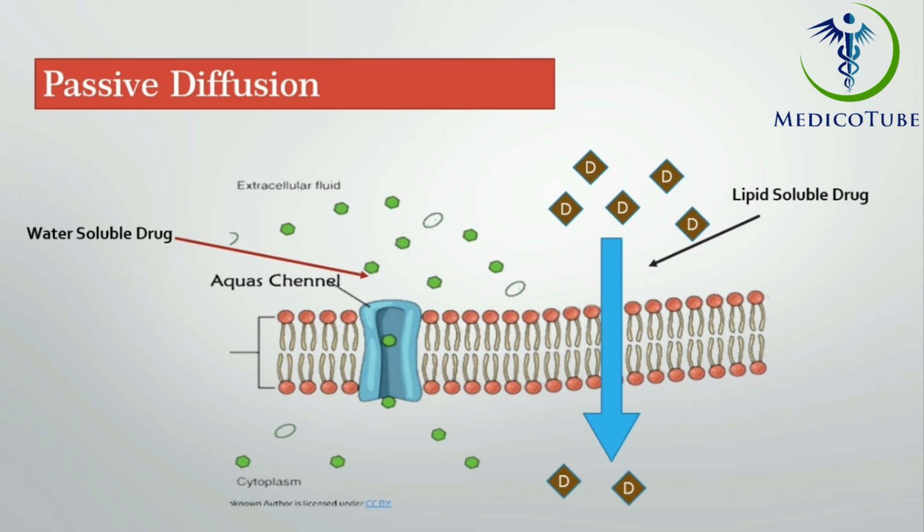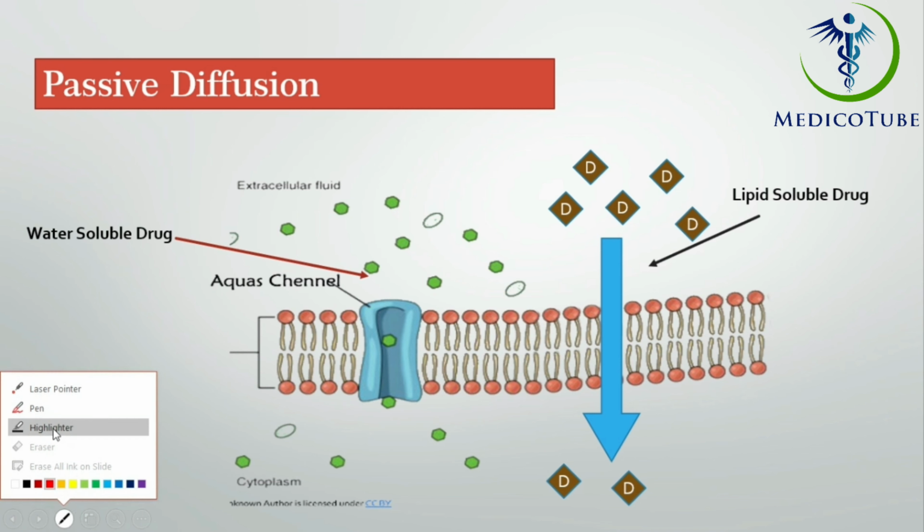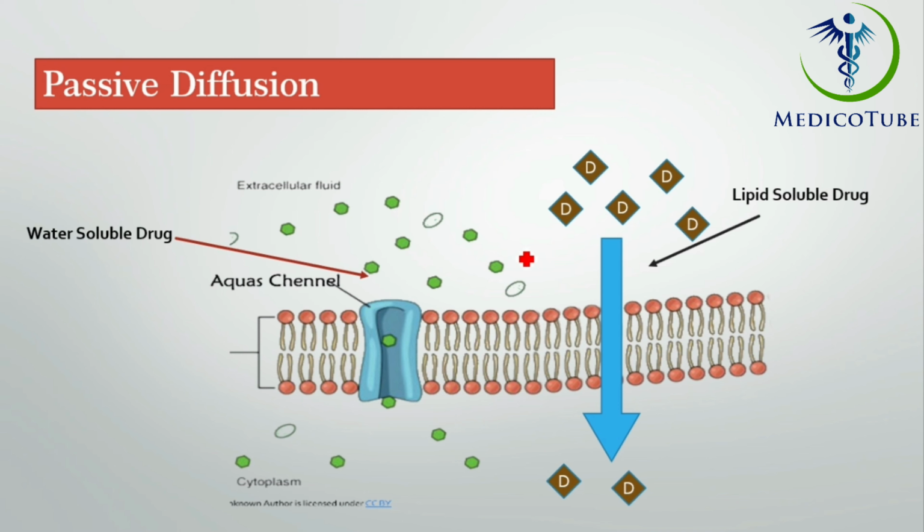If we look at the diagram, this is the plasma membrane of the cell, and there are different ways for different drugs. Water soluble drugs penetrate the cell through aqueous channels or pores, whereas lipid soluble drugs readily move across biological membranes due to their solubility in the membrane lipid bilayer.